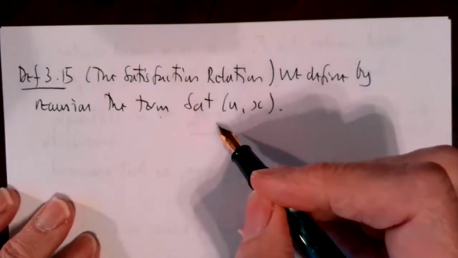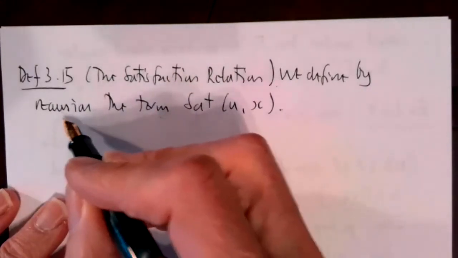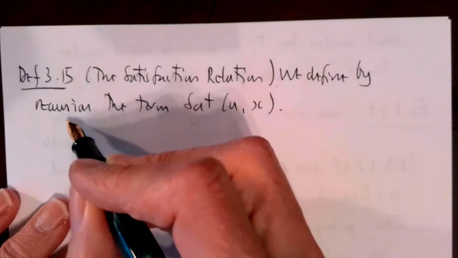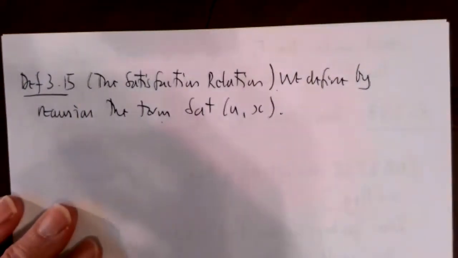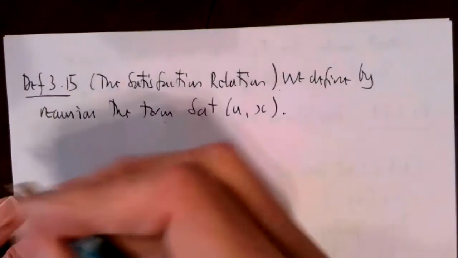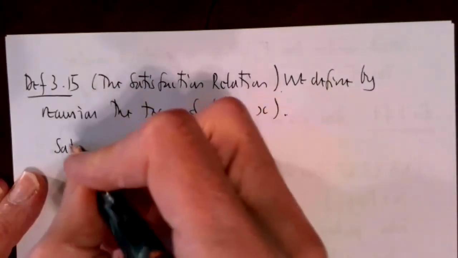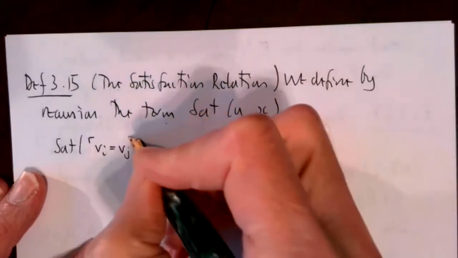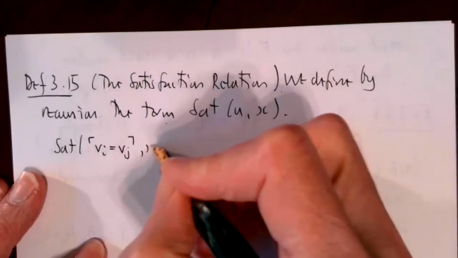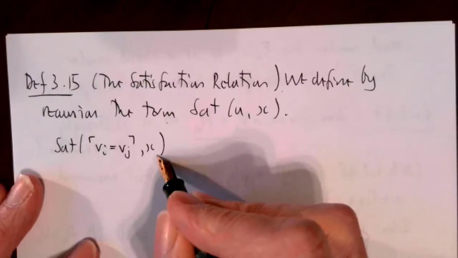So we're going to do this by recursion on the complexity of the codes for formulae. So we're first going to define what sat of codes of this equation in the structure X is.